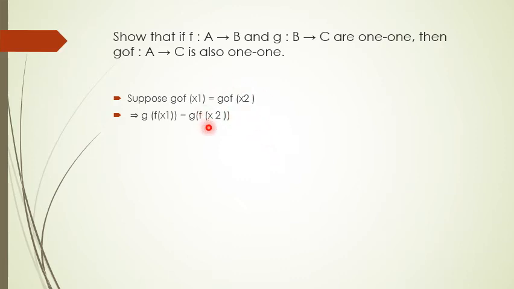In the same way, here our task is to prove that g of f of x is 1-1. For that, we took two points x1 and x2 from the domain of g of f, and we assume that g of f of x1 equals g of f of x2.